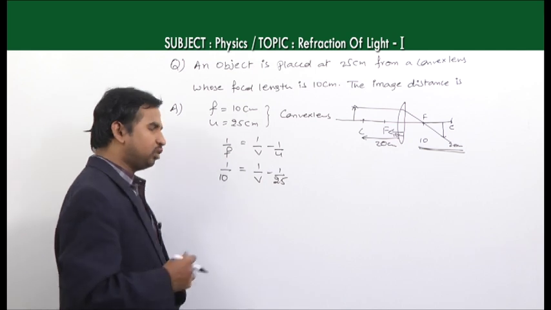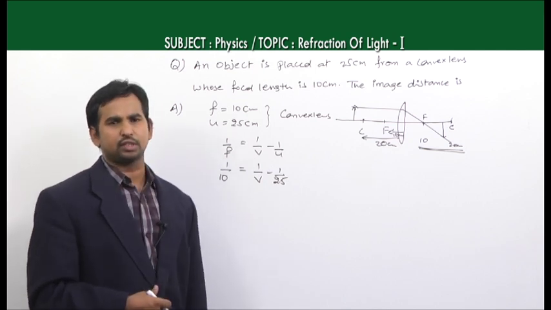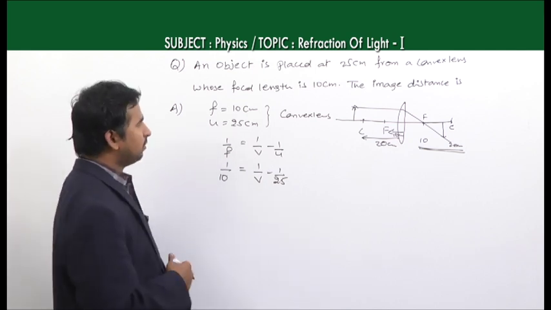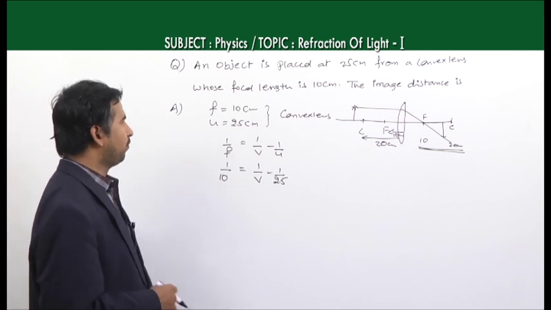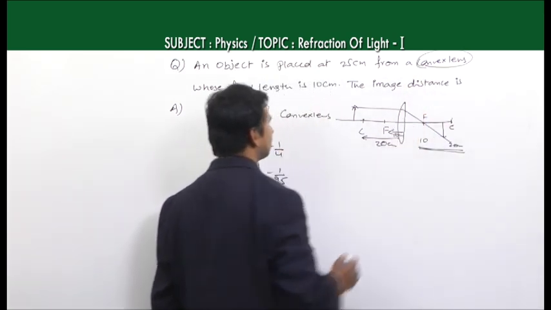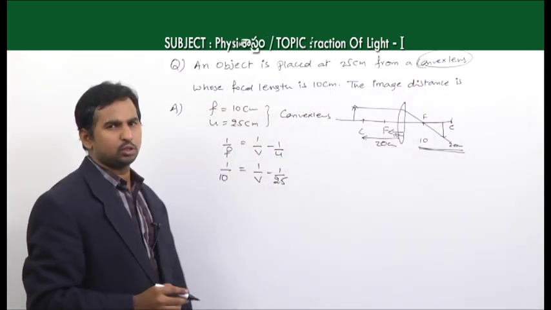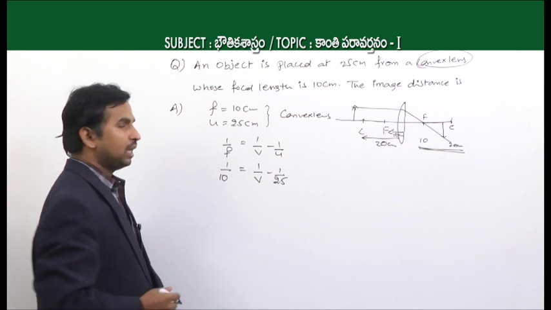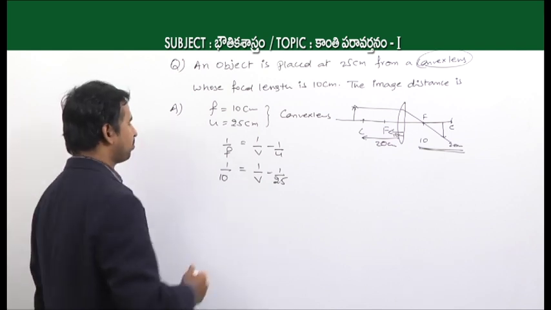After substituting these values, at first we have to check the sign convention. As it is a convex lens, a converging lens, its focal length is positive, so we take F as plus 10.